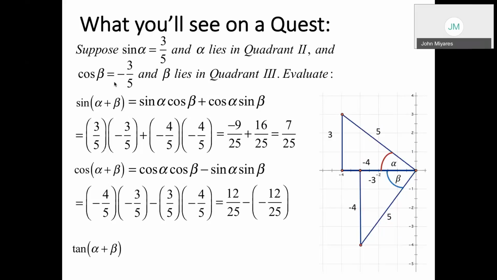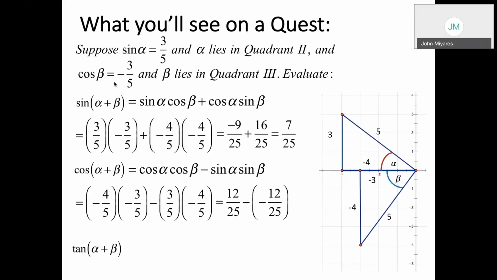For the tangent of alpha plus beta, we actually have two different approaches we could use here. First, we do have our identity for the tangent of the sum of two angles, which says we take the tangent of the first plus the tangent of the second, all divided by 1 minus the product of the tangent of the first and the tangent of the second. However, that's not the only approach that we have to use here.